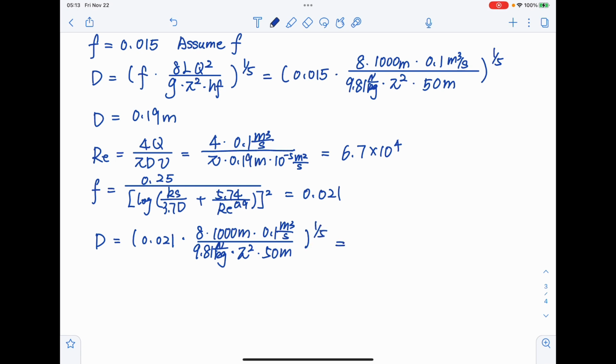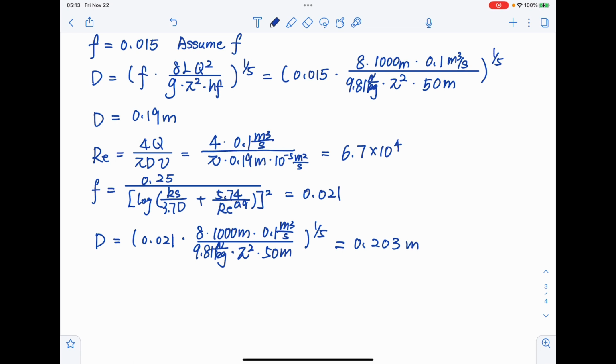Okay. So this will give us a new D equals to 20.3 meters. Sorry. It should be 0.203 meters.